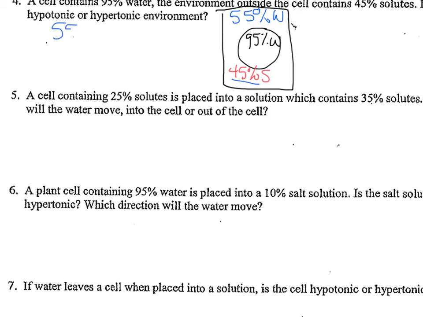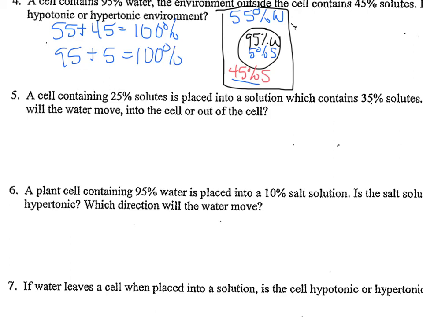So 55 plus 45 equals 100%. And then inside our cell, we have 95% water, and that leaves us with 5% solute. So 95 plus 5 equals 100%. Right? We have 100% concentration inside our cell. We have 100% concentration outside our cell now.